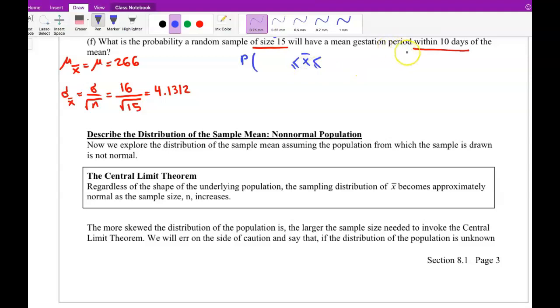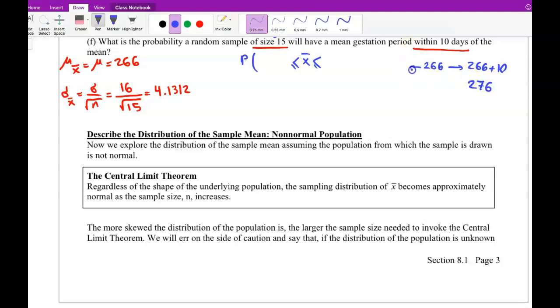Here the point is that we have within 10 days of the mean. What that means is, the mean is 266. On this side, I want to add 266 plus 10 to have 276.